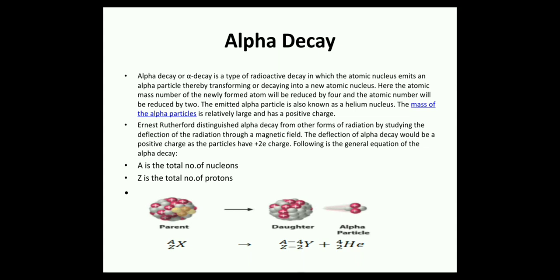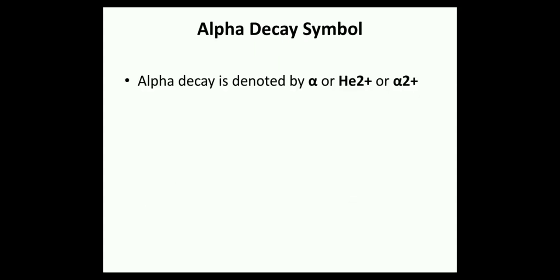Following is the equation of alpha decay: parent nucleus A X Z gives a daughter plus alpha particle. A is the total number of nucleons. Z is the total number of protons. The alpha decay symbol is denoted by alpha or helium-4 with 2 positive charge.